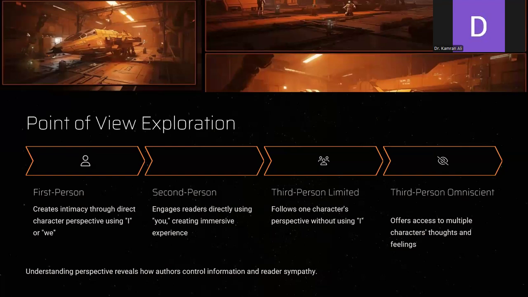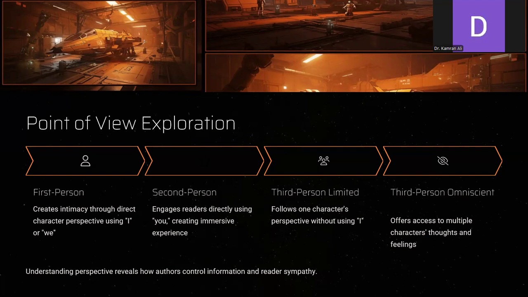Then comes point of view: first person, second person, third person. First person creates intimacy through direct character perspective using I and or we, right?